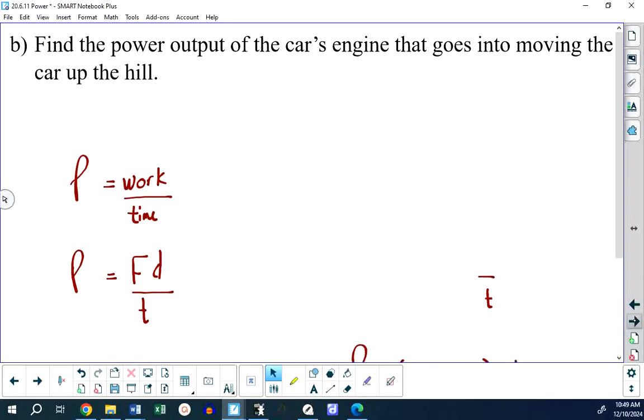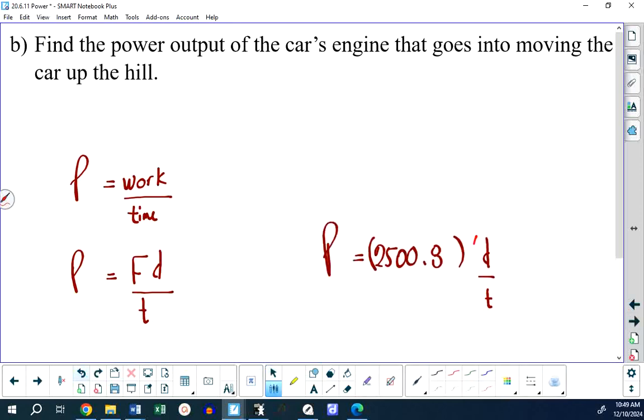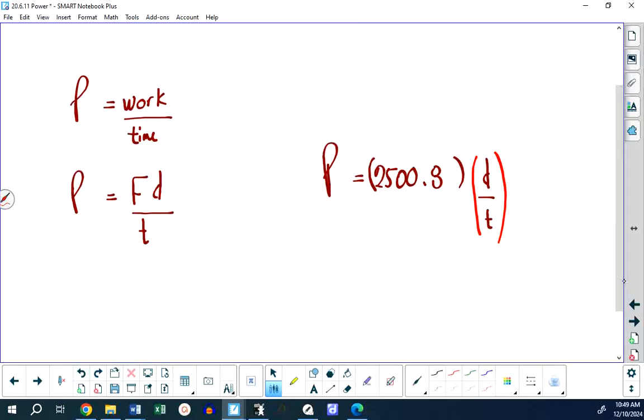What is this? That's the velocity or speed of the car, which I think it said was 25 meters per second. I mean, you could put in a time and calculate a distance, but the ratio of the two is 25.